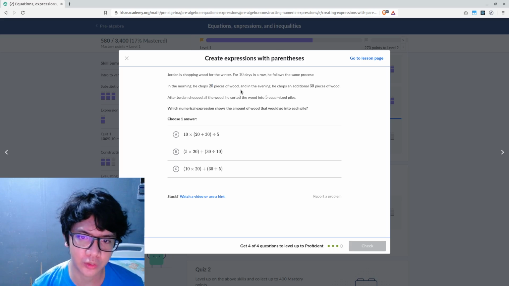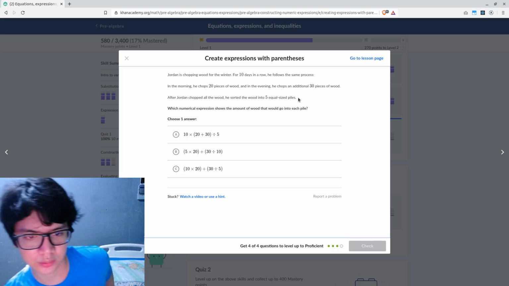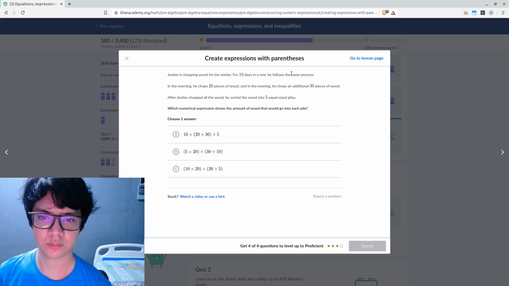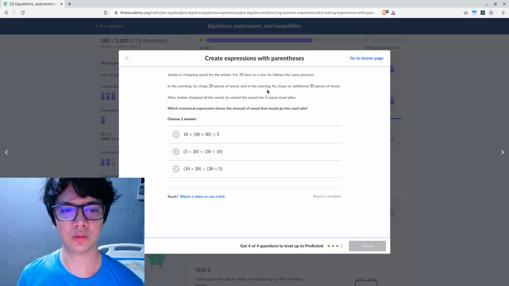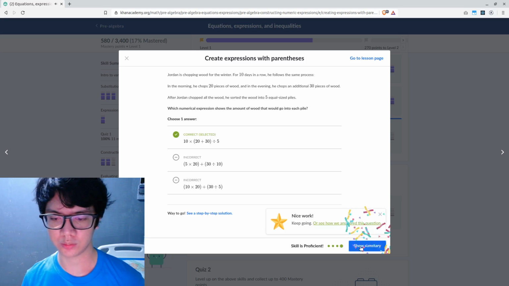Chops 20 wood. Okay, so this is pretty hard, but I'm going with A.